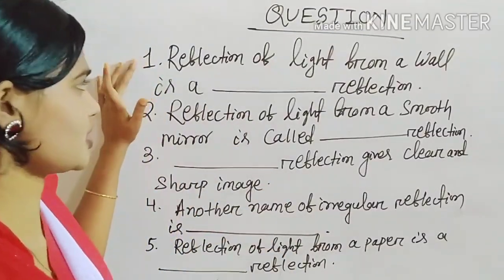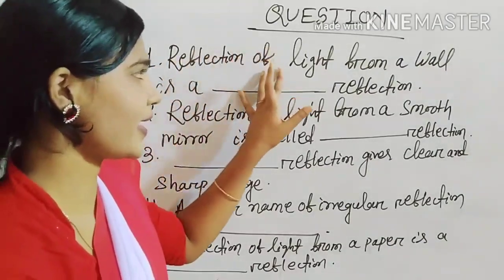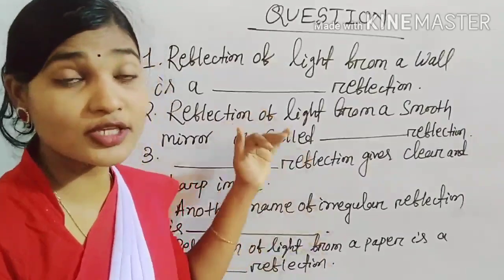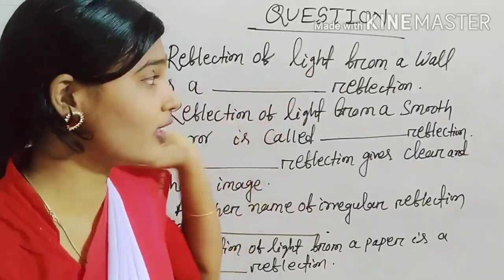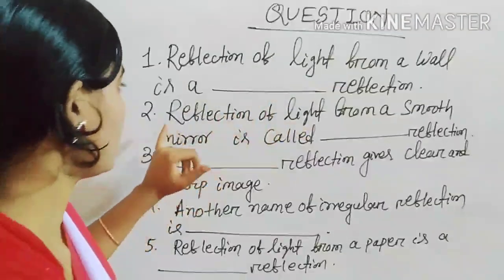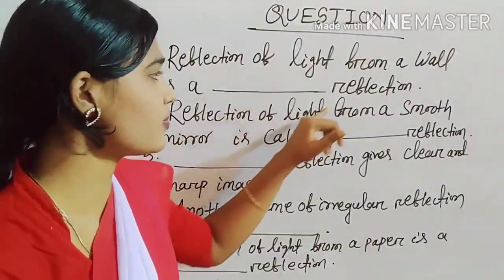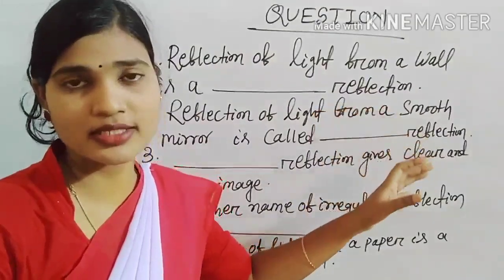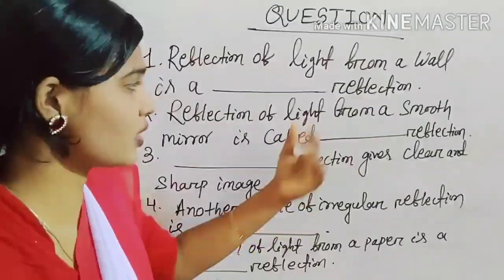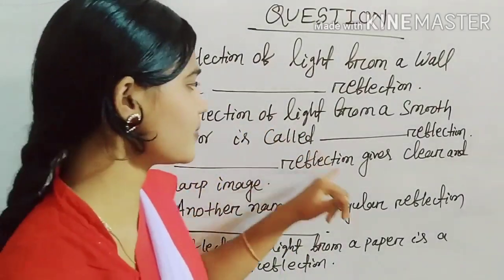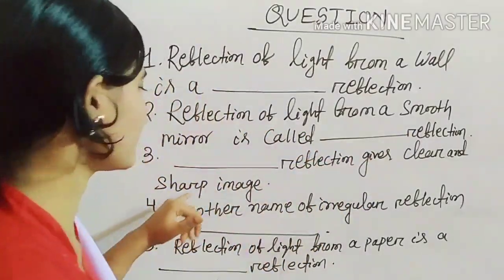The first question is, reflection of light from a wall is a dash reflection. You have to write the reflection name. Second question is, reflection of light from a smooth mirror is called dash reflection. Third question is, dash reflection gives a clear and sharp image.